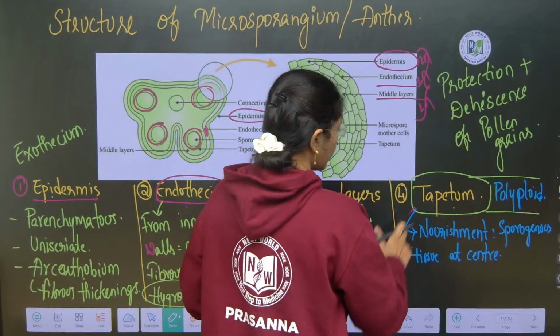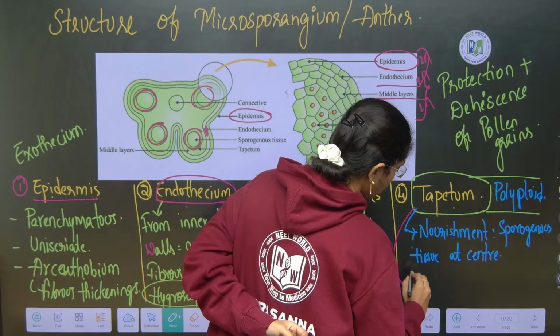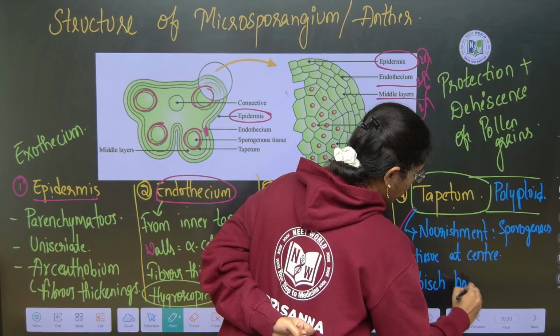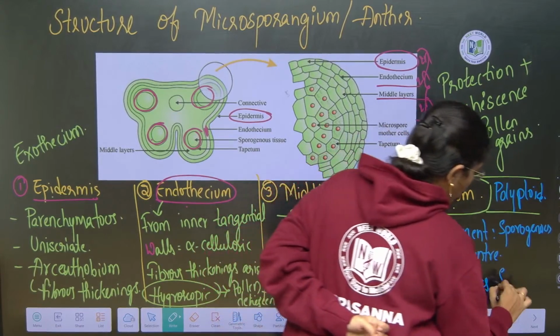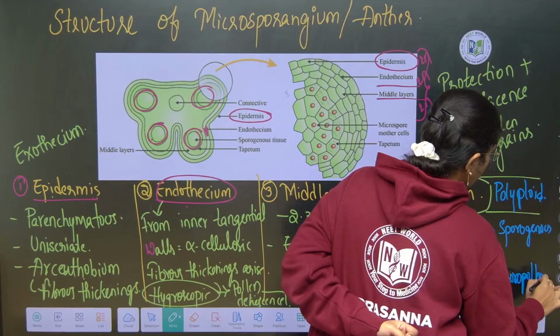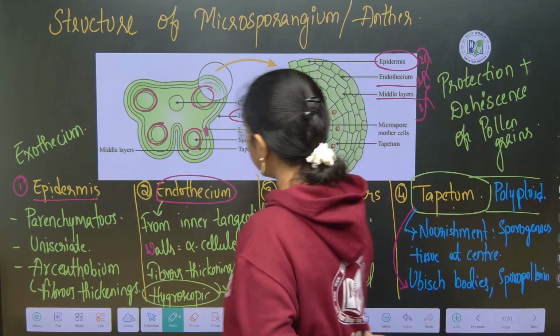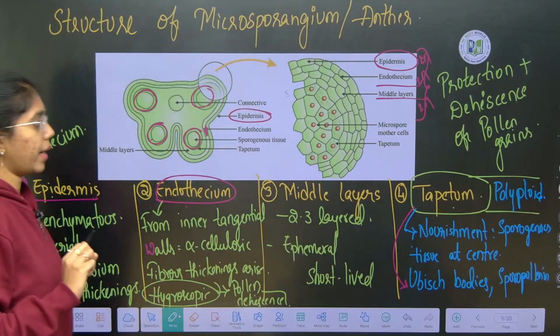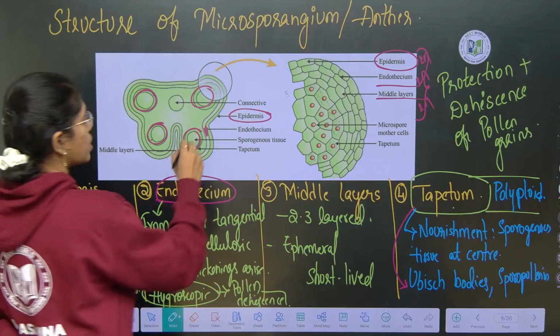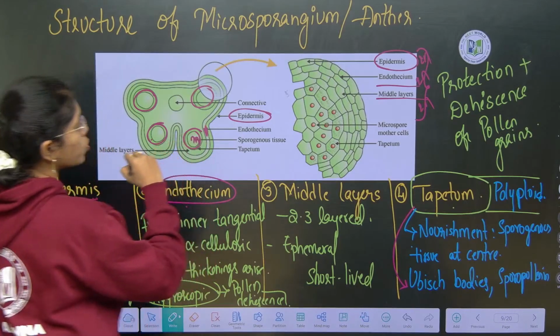So, tapetum helps in the synthesis of Ubisch bodies and builds up the sporopollenin, which is the outermost wall layer of the pollen grain.